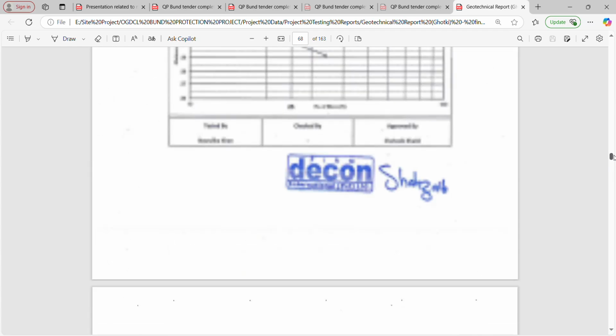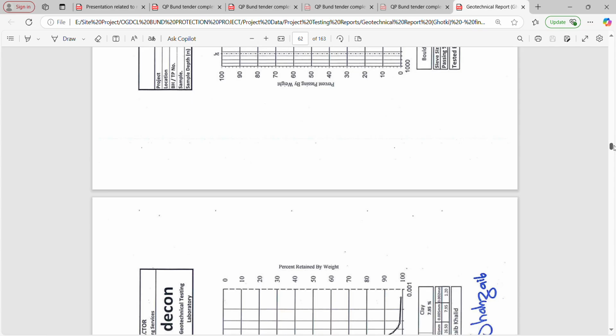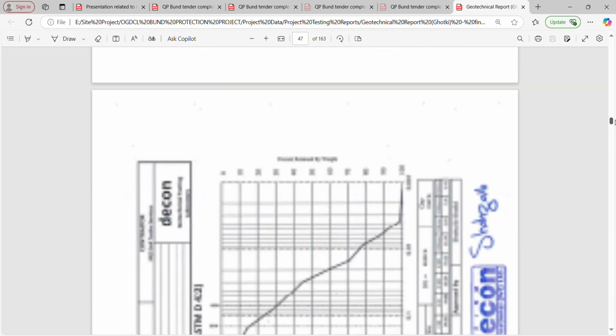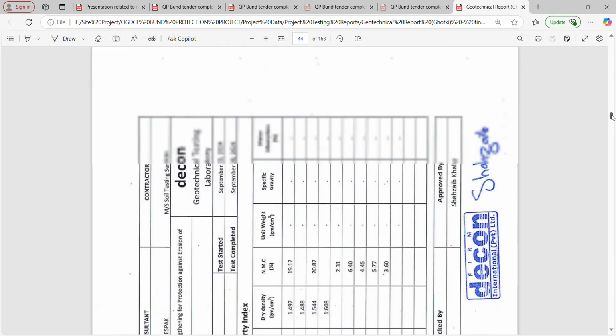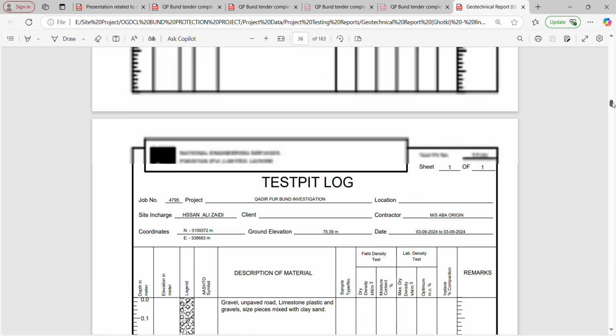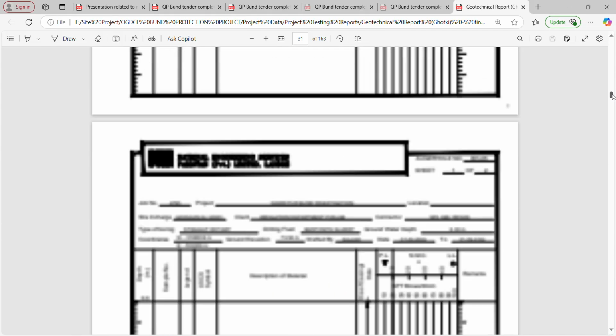very last point, which mentions how much the bund should be raised, because all these material properties are put into the GeoStudio software.